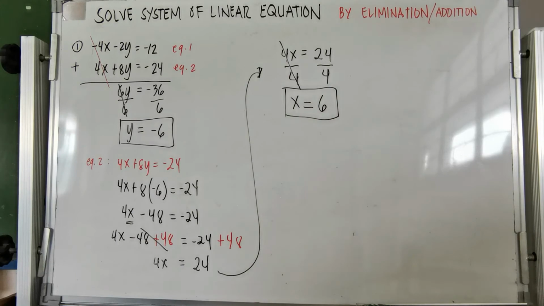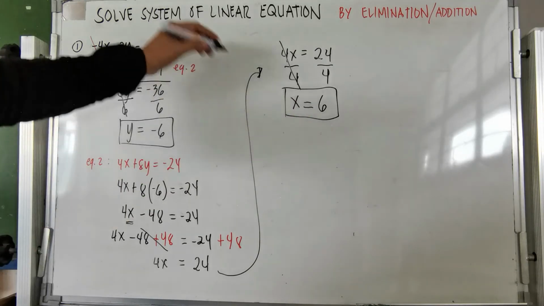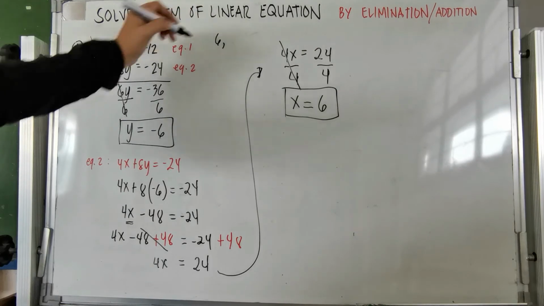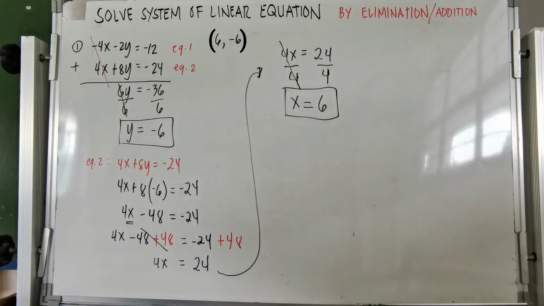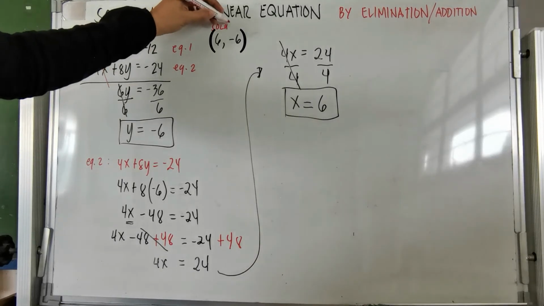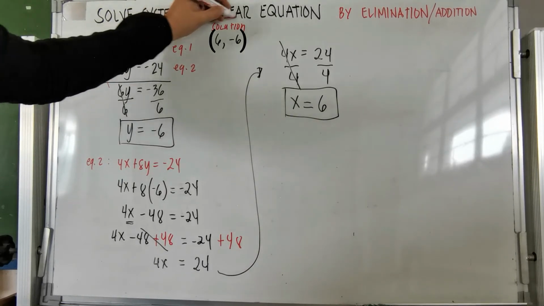Ibig sabihin, ang solution sa ating system of linear equation ay x is 6, y is negative 6. So, yung x muna, 6, negative 6. Ito na ngayon yung tinatawag natin na solution. Okay?